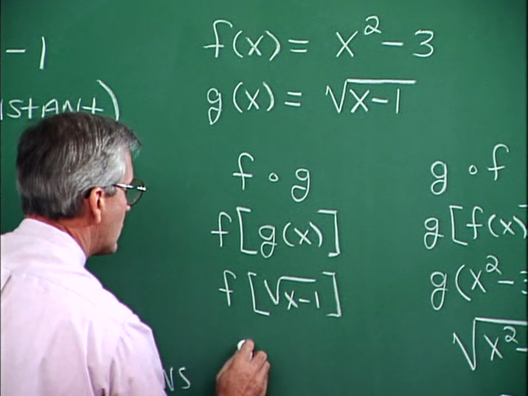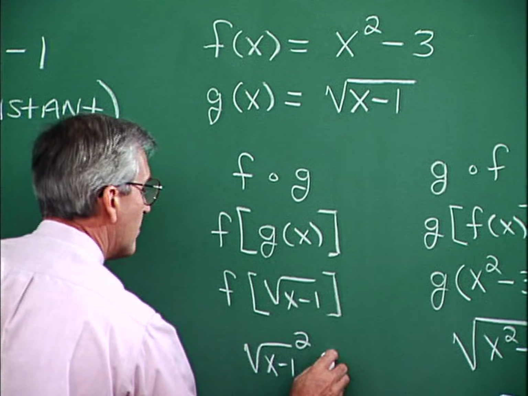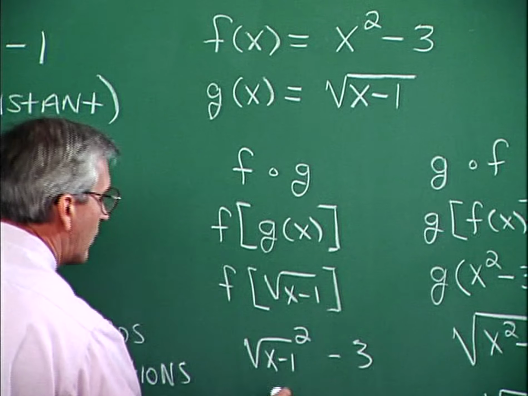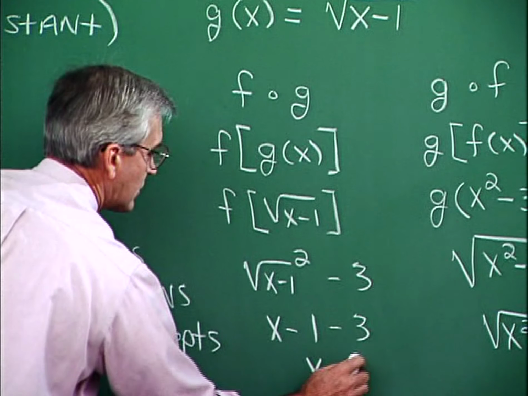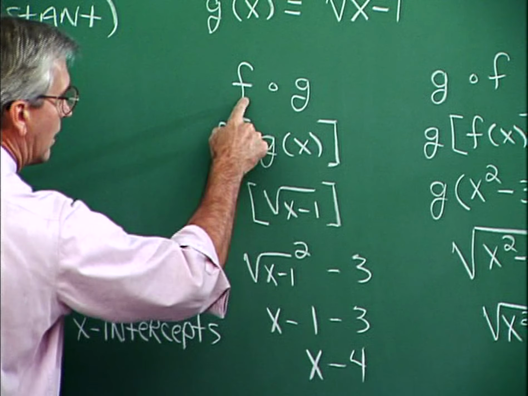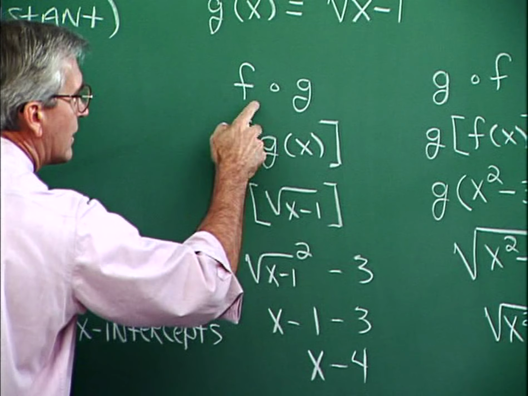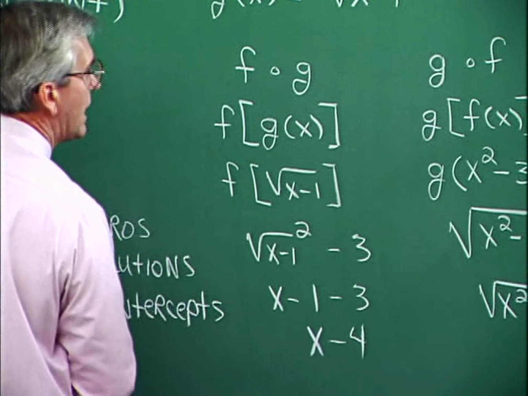So we would have square root of x minus 1, then squared, minus 3. And squaring the radical, we get x minus 1, and then collecting, we get x minus 4. So f of g of x, the composition of those two functions in this direction, gives us x minus 4.